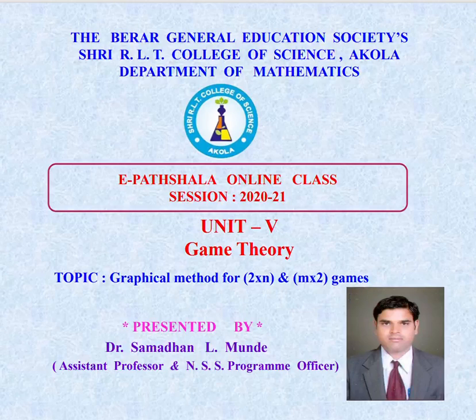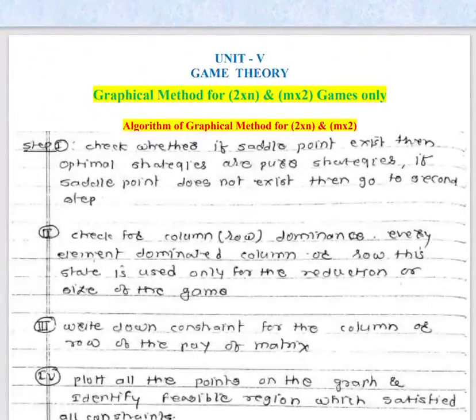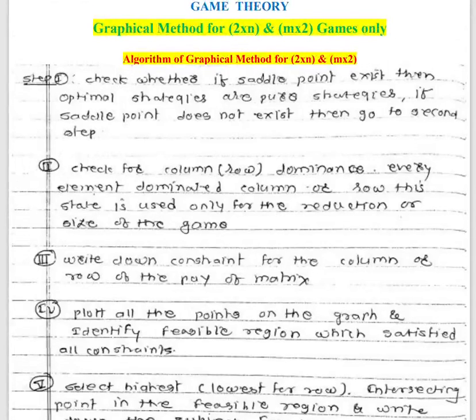Okay. So before going to start the problem, we will see what the main steps of the graphical method are, that is, how to solve 2 by n or m by 2 games by using the graphical method. So what is the first step? Check whether a saddle point exists. If it exists, then the optimal strategies are pure strategies.